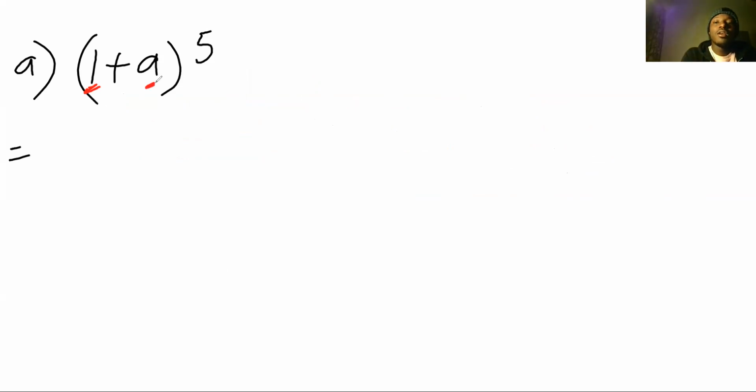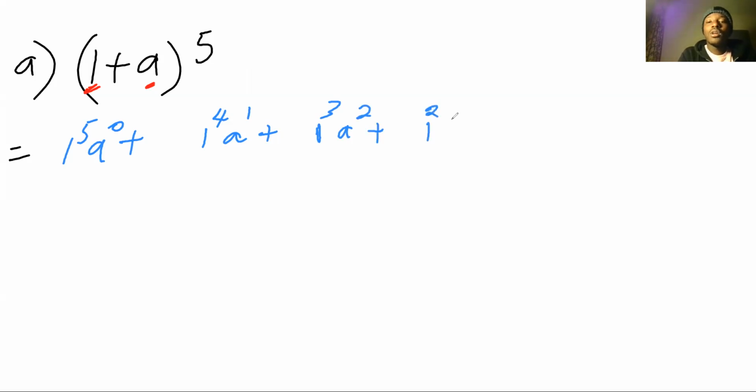So it will be 1 to power 5 a to power 0, plus 1 to power 4 a to power 1, then 1 to power 3 a squared, then 1 to power 2 a cubed, then 1 to power 1 a to power 4, then 1 to power 0, a to power 5.